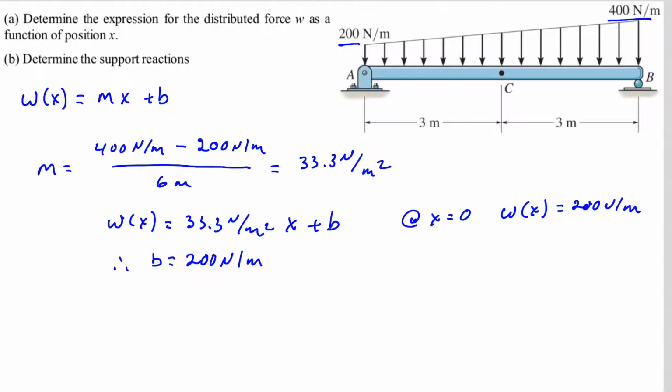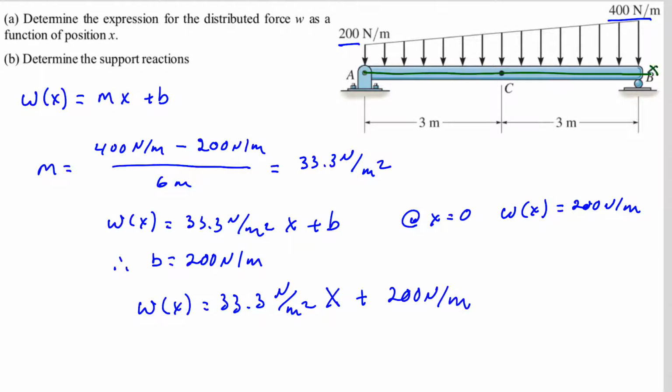So our equation is W of x equals 33.3 newtons per meter squared times x, where x is going along the length of the beam, plus b, and b is 200 newtons per meter. Again, this is our x-axis, this is our y-axis.